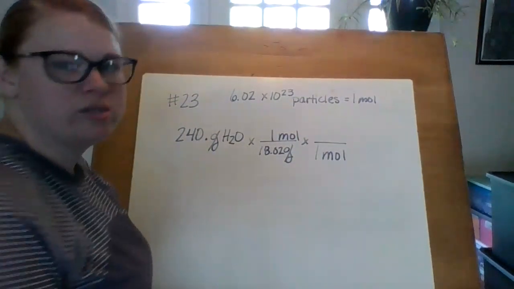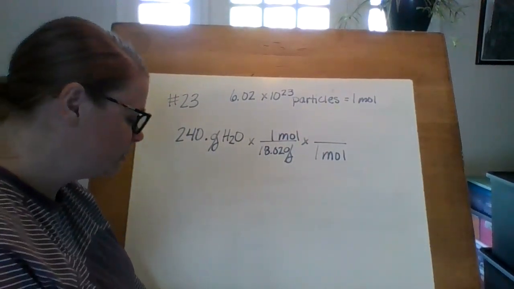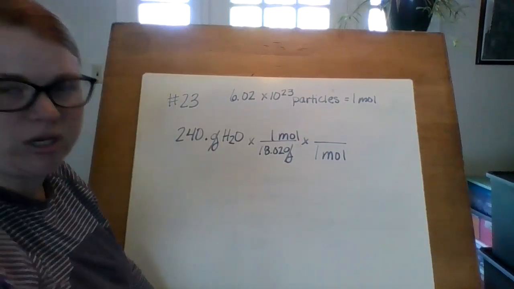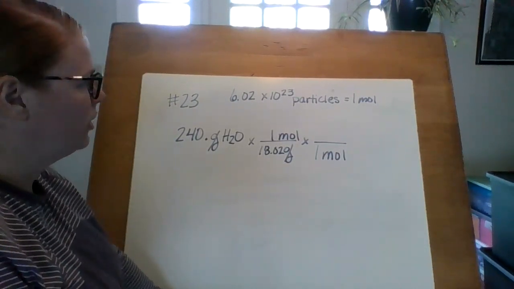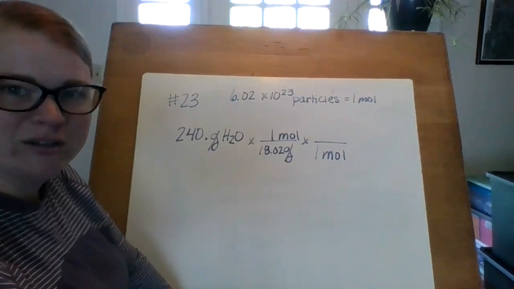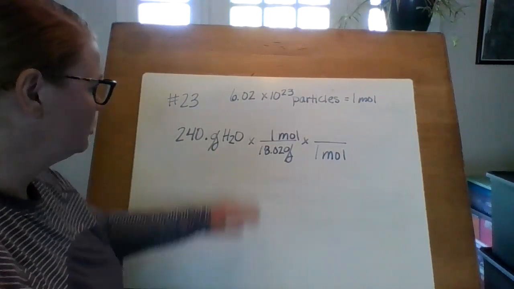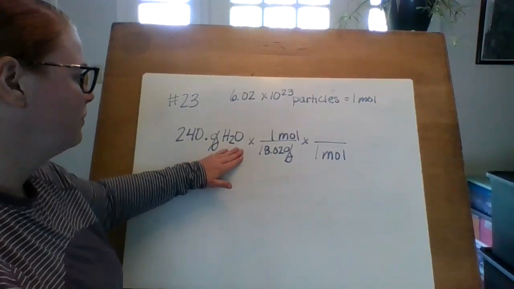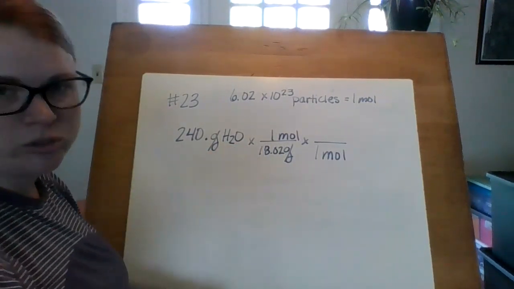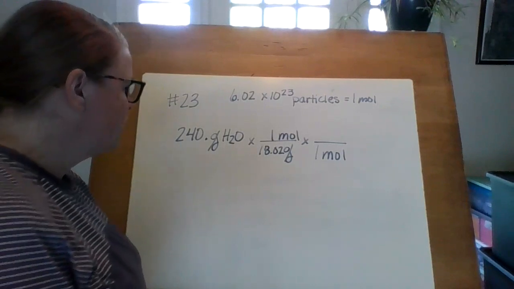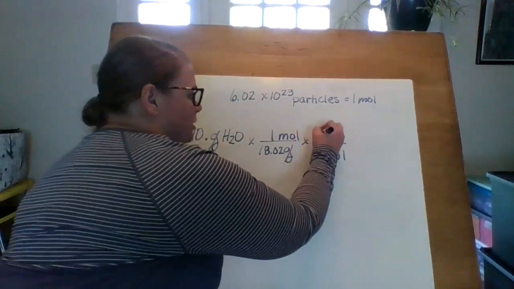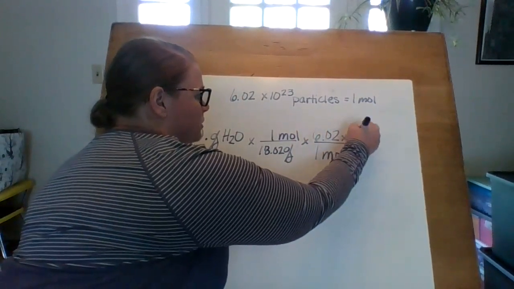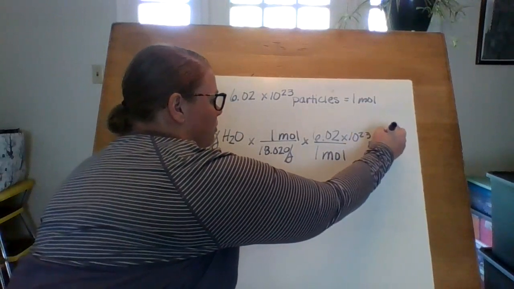Particles can be ions, atoms, formula units if we're talking about ionic compounds, any type of piece of a whole. In this case, we're looking at how many water molecules we have in this many grams. So 1 mole is going to be 6.02 times 10 to the 23rd molecules.